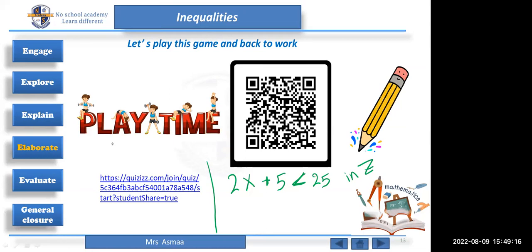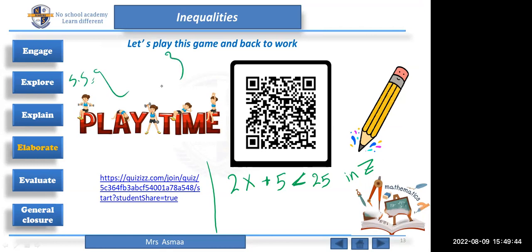Miss, I have a question. I wrote an answer and I want to know if it is right or wrong. What's your answer? The answer is x smaller than 10. Yes. Solution set equals what? What is the solution set? I want the solution set. What is the number in the solution set?